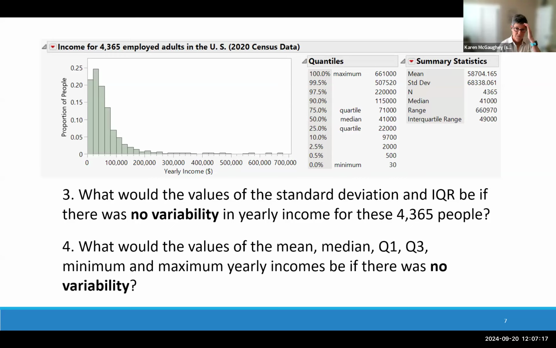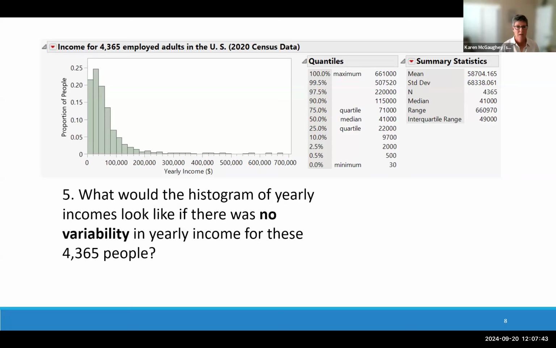What would the values of the mean, median, Q1, Q3, minimum, and maximum yearly incomes be if there was no variability in the yearly incomes, right? And so often students will say 0 for that. So I want to have a conversation that, well, they would still have a yearly income, right? But those values ought to be the same.